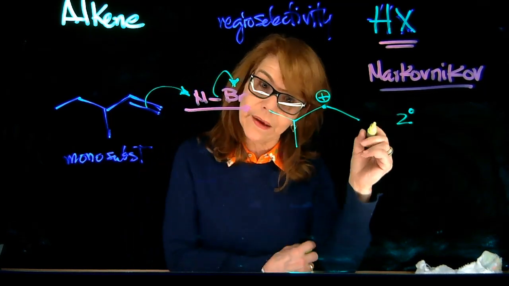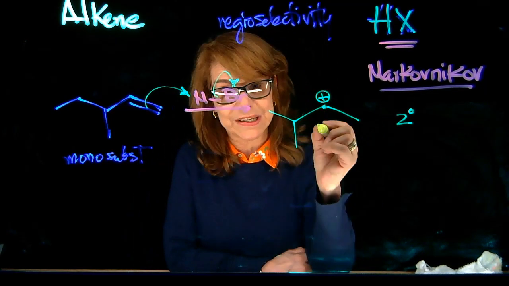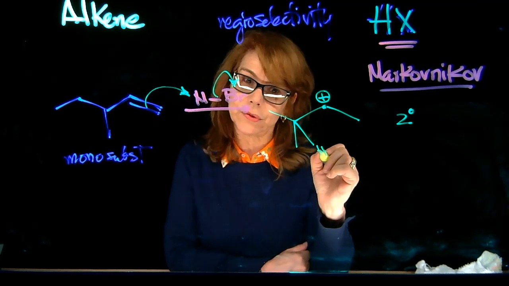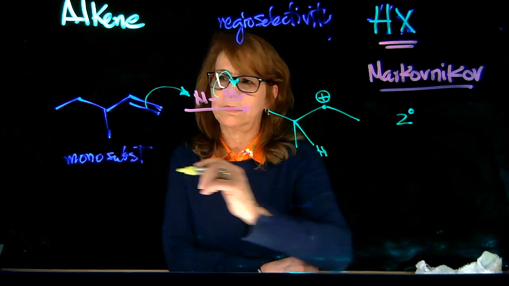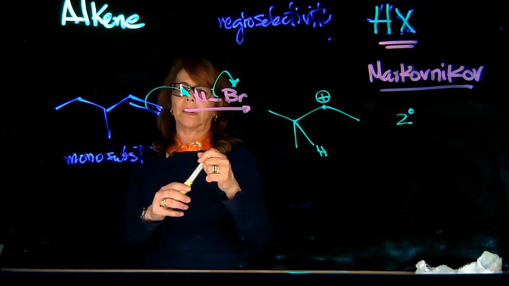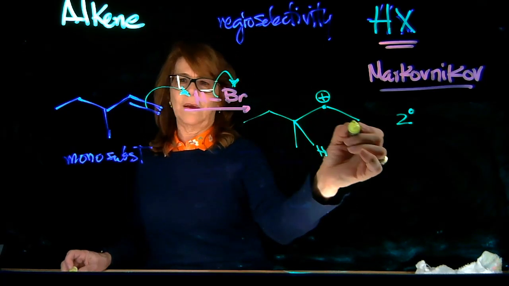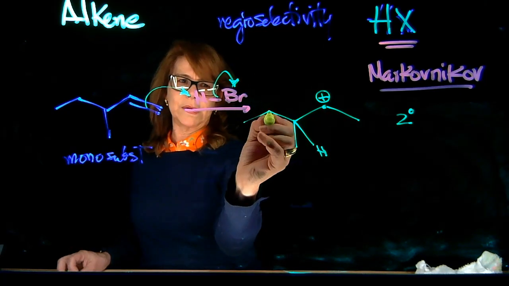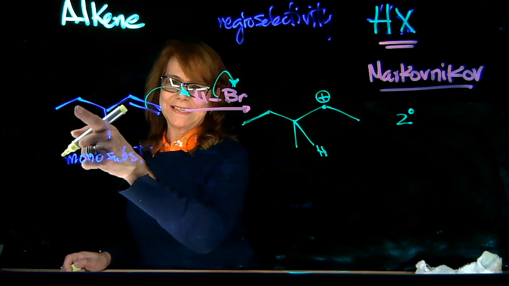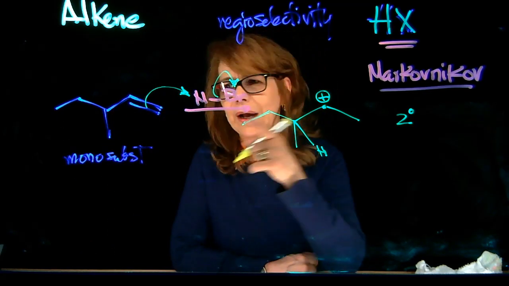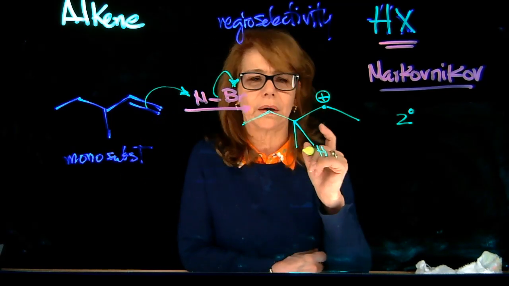But other things can happen with carbocations. Carbocations can rearrange. So I here have a hydrogen. I have a methyl group, and I'm missing one carbon here from that structure. So that's the part I was missing, this one here. Okay, but now I have my methyl group. Again, I have a hydrogen. It wasn't pictured, but still there.